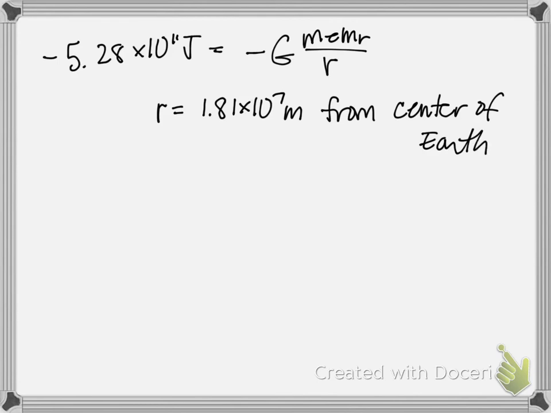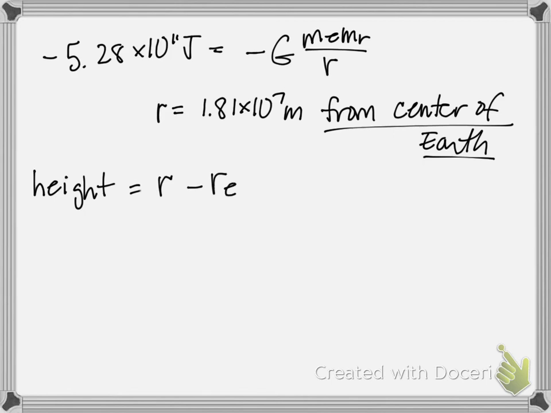And given a question like this on an AP exam, you might just circle this answer and you're done, and they would be fine with that, so long as they are sure that you're clear that this is from the center of the Earth, not from Earth's surface. So I think if I wanted to cover all of my bases, how high is this above the ground? Well, that's the R that I just got minus Earth's radius.